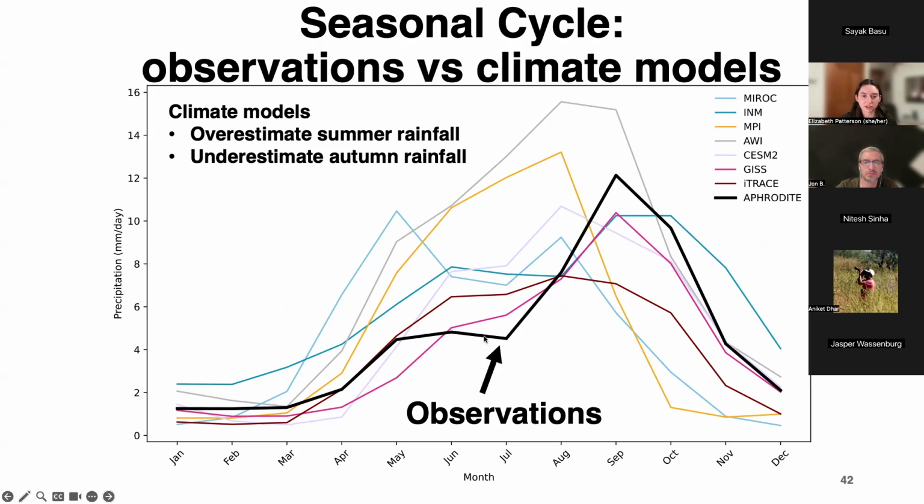The observations are in the black, so we see this really big peak during the autumn where we expect to get the most rainfall. But the climate models have a hard time resolving this, mostly due to coarse topography. And what ends up happening is they tend to way overestimate summer rainfall and underestimate autumn rainfall. So that's important to keep in mind when we look at the climate model results I'm about to show.